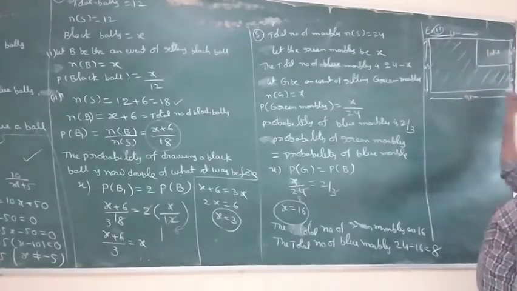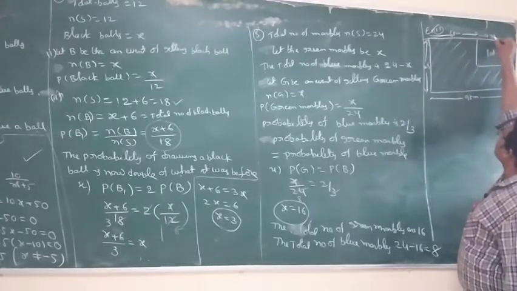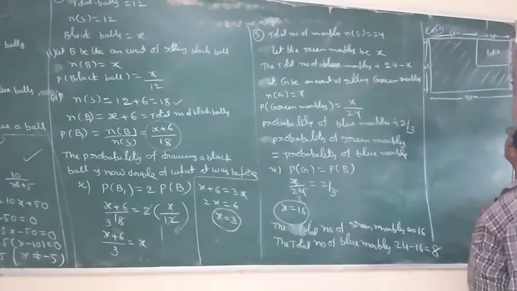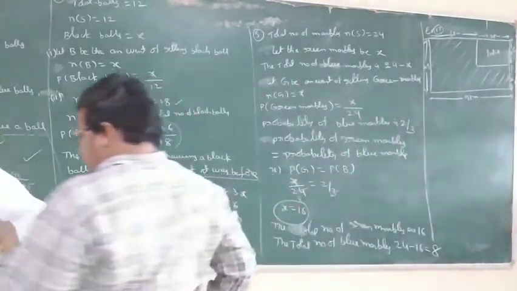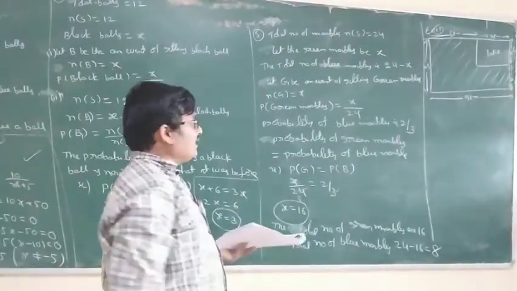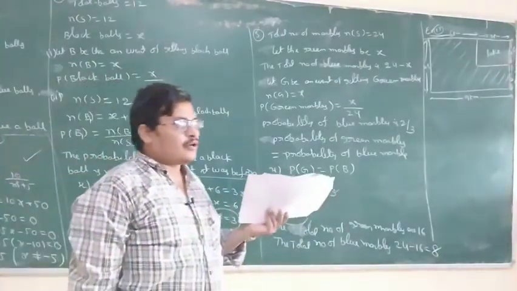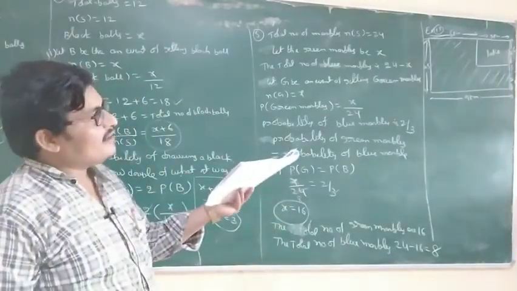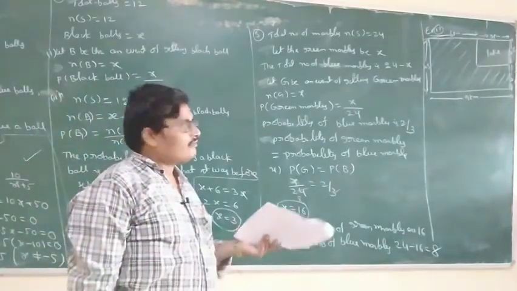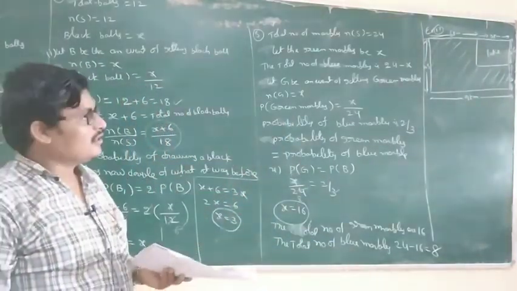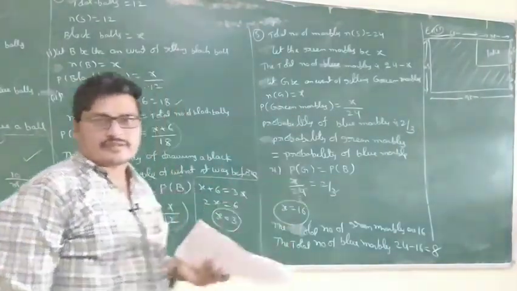This is totally 9 kilometers, up to this 6 kilometers, the remaining is 3 kilometers, only lake. So the probability of the lake is equal to the area of lake by area of forest. Here the favorable cases are lake, total cases are forest.